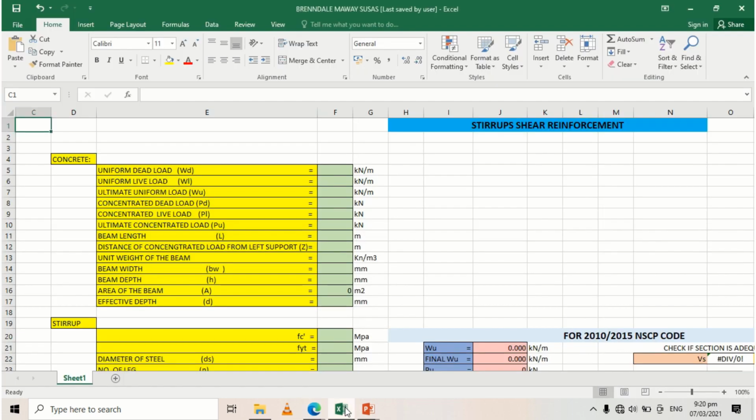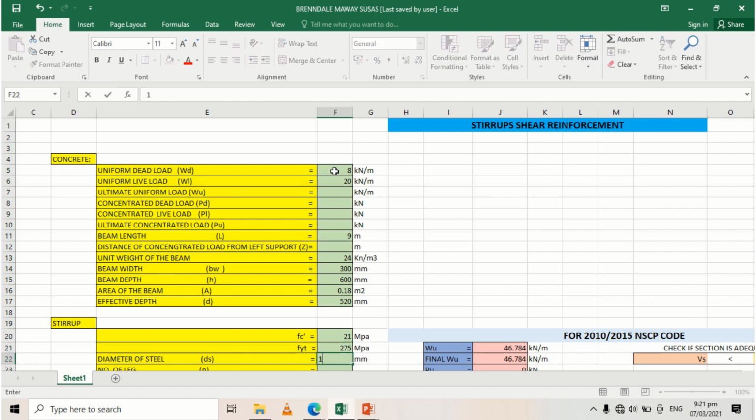So what we are going to do here is input those given. Dead load 8, live load 20, and length 9. Unit weight 24, width 300 mm, H 600, and effective depth 520, FC prime 21, FYT 275.